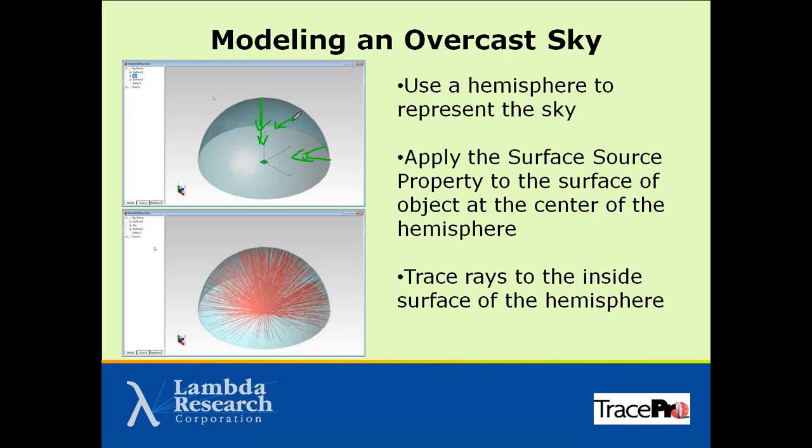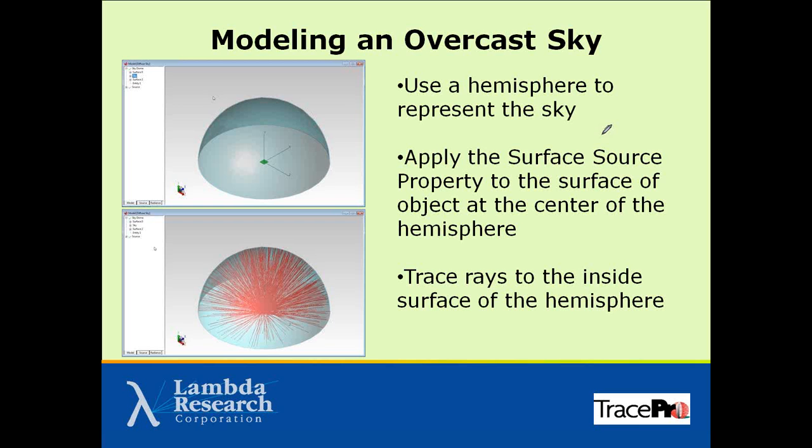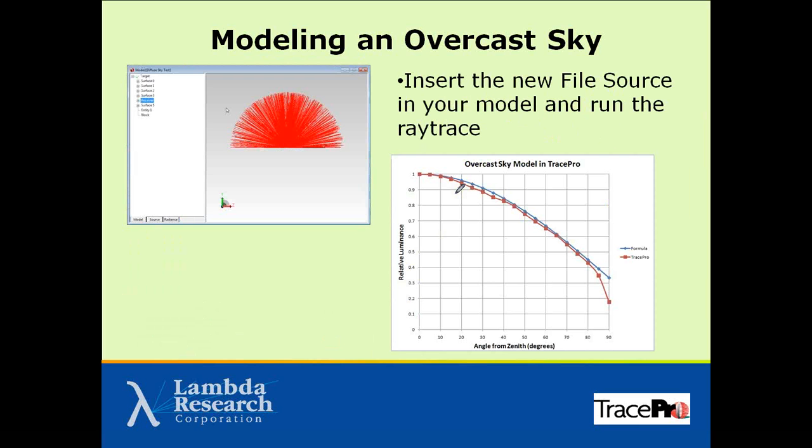It's taken an extra step, but it gives you a lot of versatility because you could change this formula here if you want a different type of distribution and repeat the process. So here we see in TracePro, here's the rays, our file source. We've imported it into a new model, and the rays are actually going down in this direction towards a target here in the center. And here's our results.